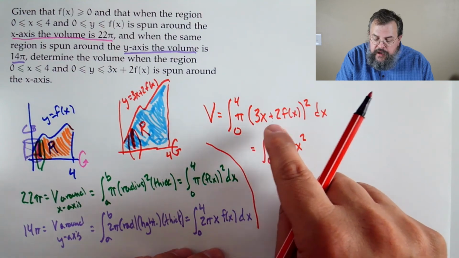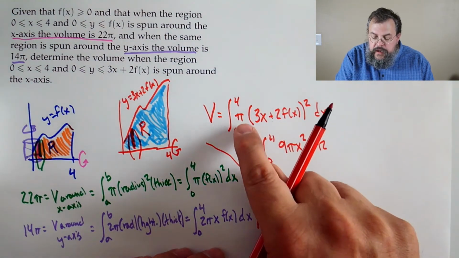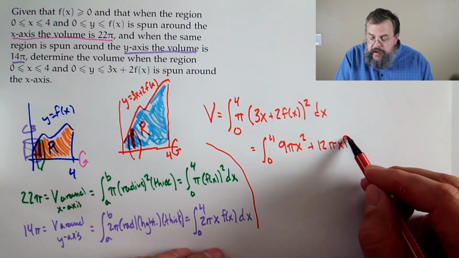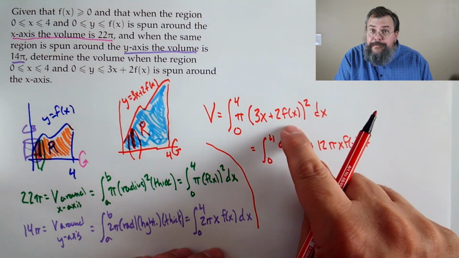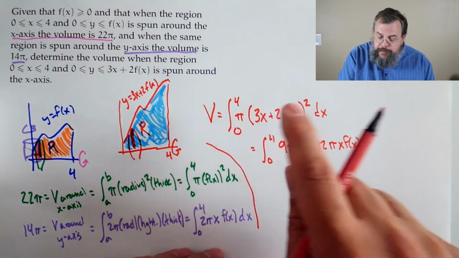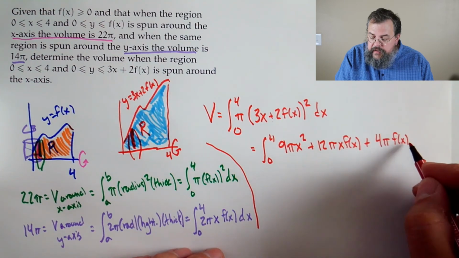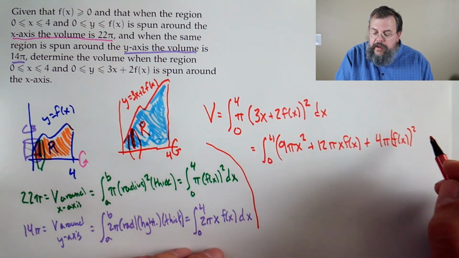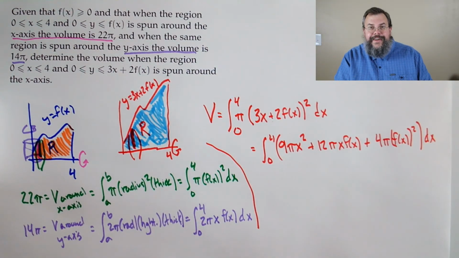So 2 times 3 times 2 would be 12. So 12, then there's a pi, don't forget that, and then there's an x f of x, plus, square the last term. That would be 4 f of x squared, don't forget the pi, plus 4 pi f of x squared, dx. All right, good.